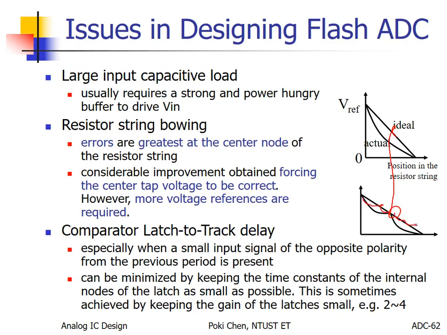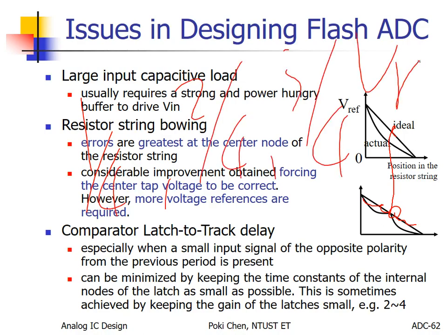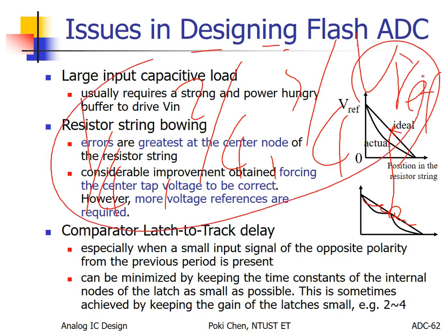But my question is, who provides such kind of reference voltage for the circuit? Usually, they don't have that kind of reference voltage on chip. They do it off chip.